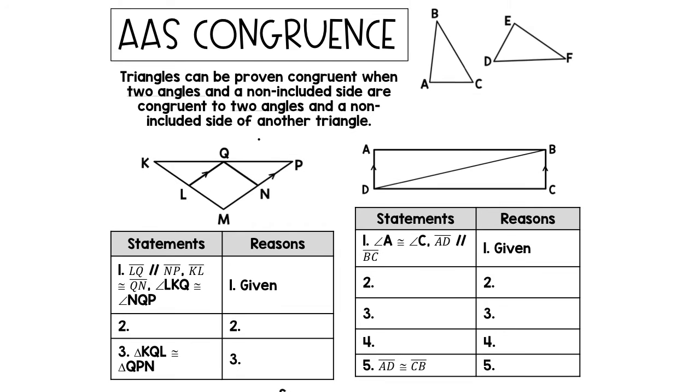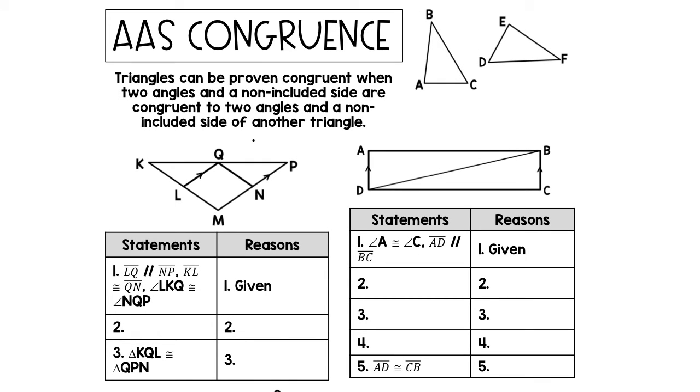Let's look now at angle-side congruence. Whoa. This tells us that triangles can be proven congruent when two angles and a non-included side are congruent to two angles and a non-included side of another triangle. So what that means, if we've got angle A that's congruent to angle E, and angle B is congruent to angle F, then we keep moving around the triangle and we have segment BC and segment FD that are congruent.